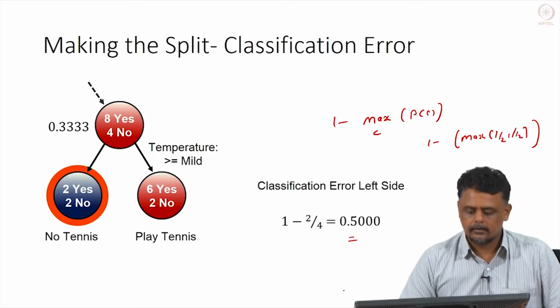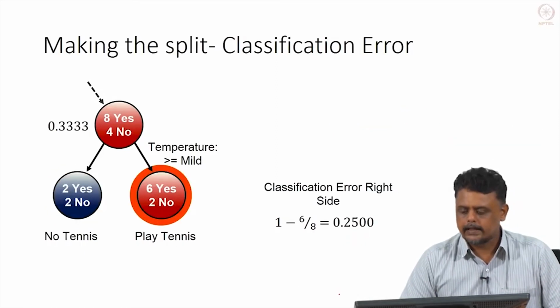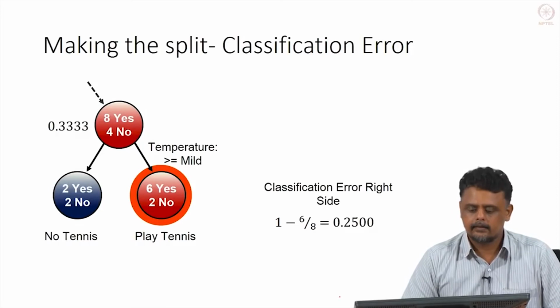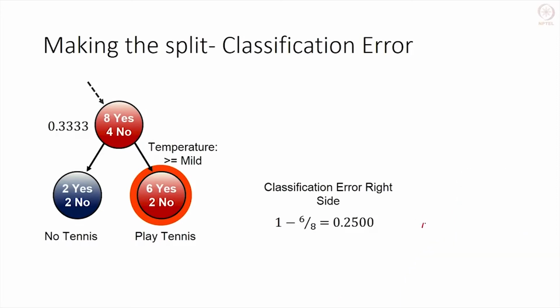And if you look at the classification error on the right-hand side, it is 1 minus max of 6 by 8 and 2 by 8. So, that is easily chosen. You get 0.25.